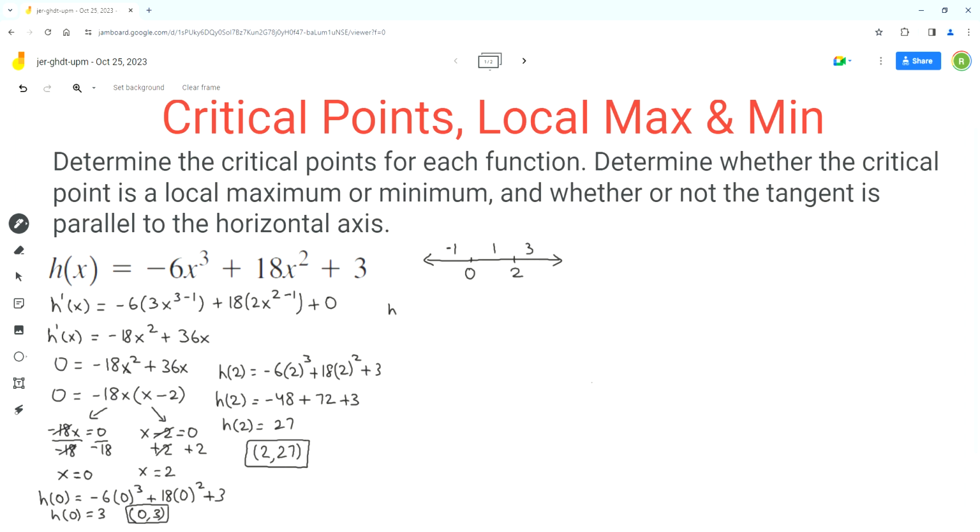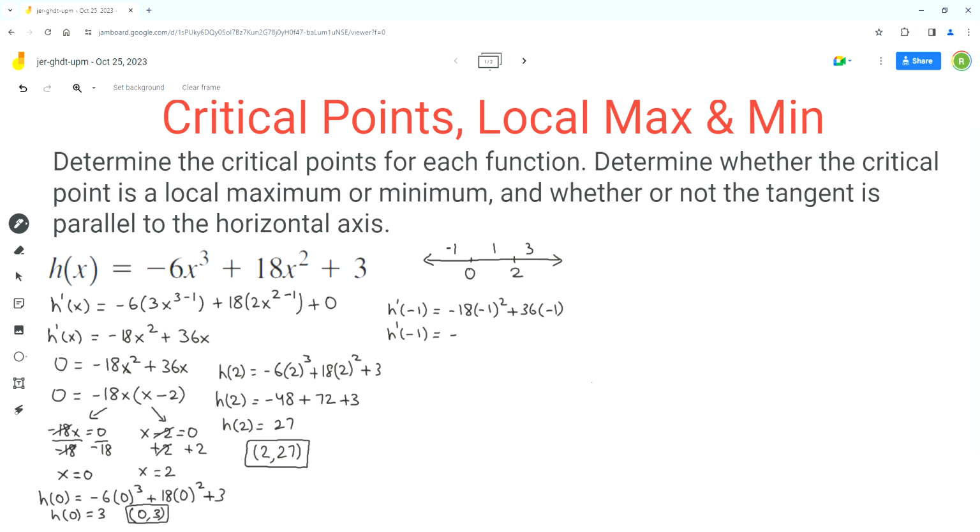So h prime of negative 1 equals negative 18 times negative 1 squared plus 36 times negative 1. So negative 18 times 1 squared will be negative 18, because negative 1 squared is positive 1.